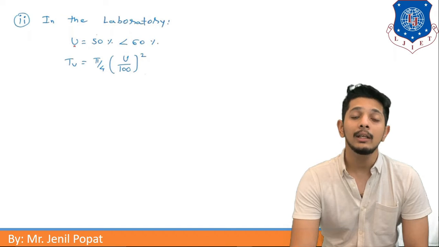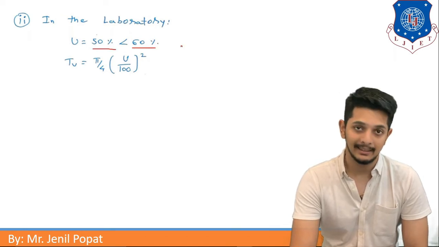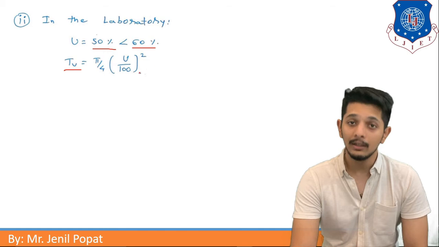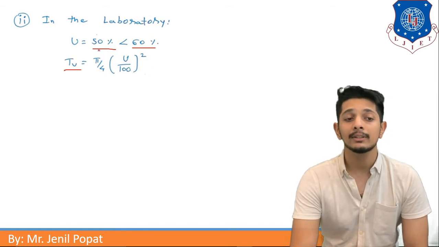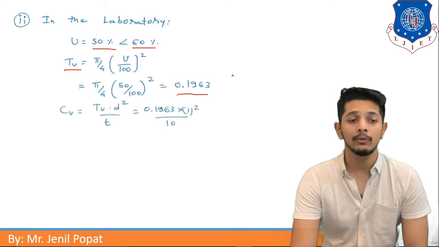In the laboratory, degree of consolidation was 50%. So it is lesser than 60%. So we have to use formula for time factor, that is Tv = pi by 4 into (U by 100) whole square. Here U is given as 50%, so putting all the values in the equation, time factor will be 0.1963. Let us move forward.